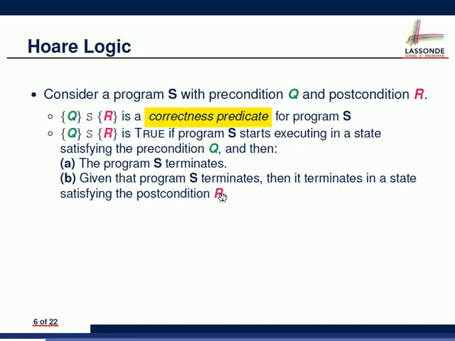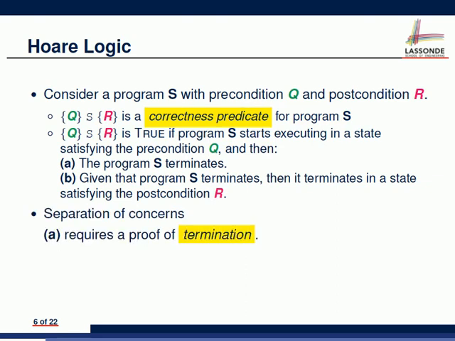We don't try to prove termination and the establishment of the postcondition at the same time. We do that in A and B separately. A is about whether the program terminates, and B is about, assuming that it terminates, making sure it satisfies the postcondition R. So there are two aspects you want to see.